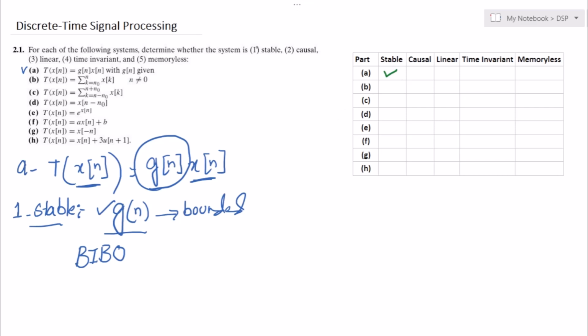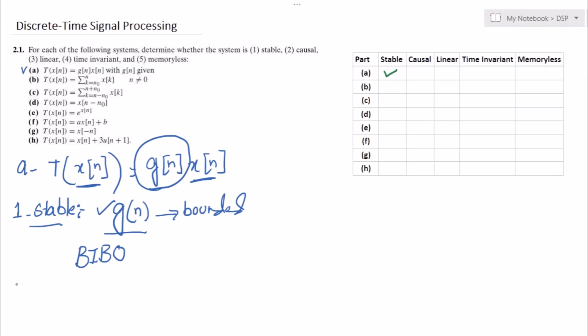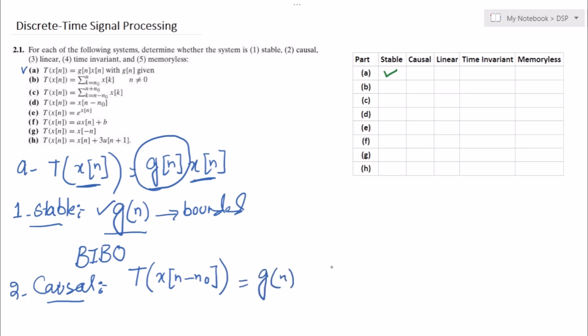Similarly, now the second condition is causality. As I have previously indicated what is meant by causality, if a system only depends upon its present or past values, the output will be a causal output. Now here we can see that if T of x of n minus n naught, this is the previous value, the output will also be g of n times x of n minus n naught.